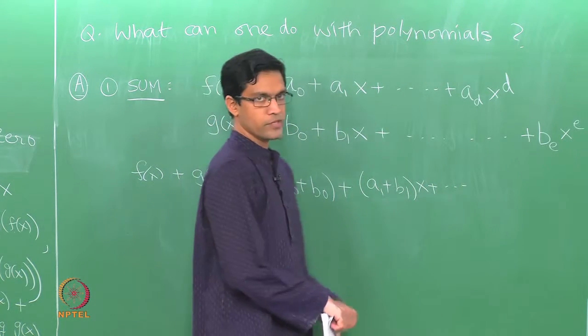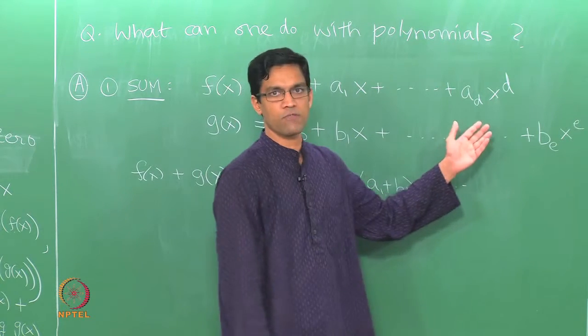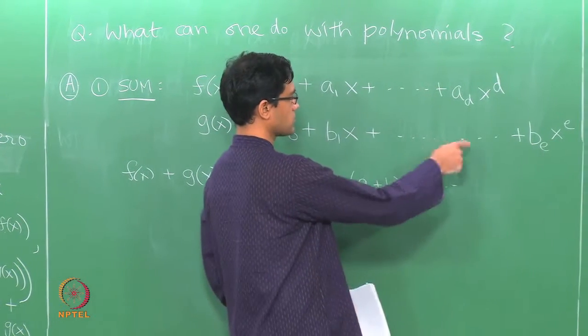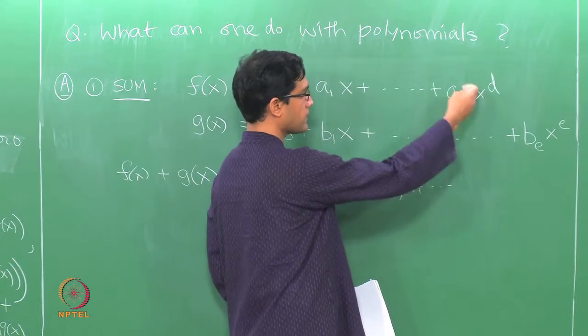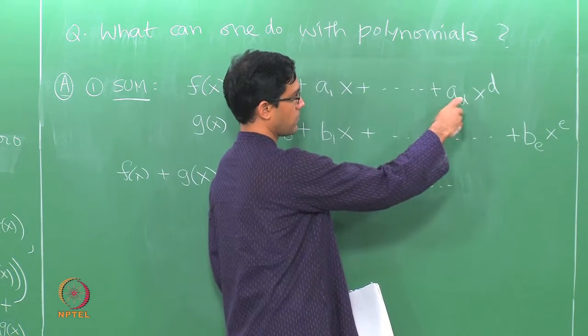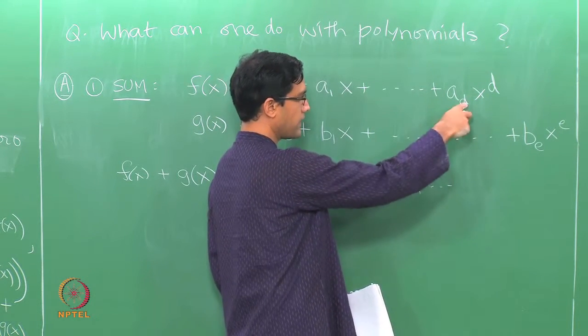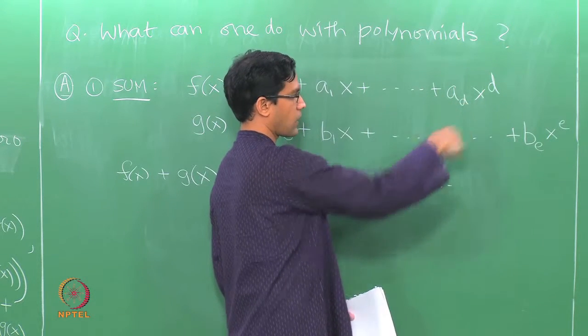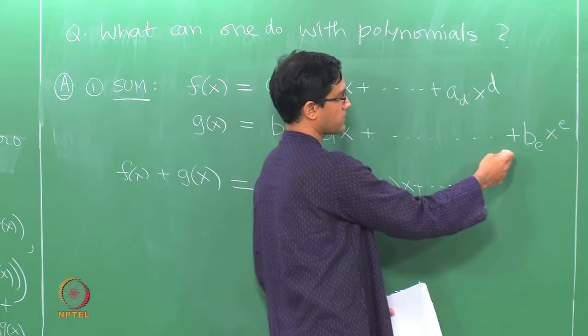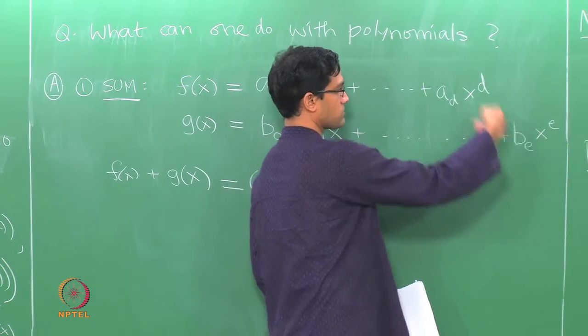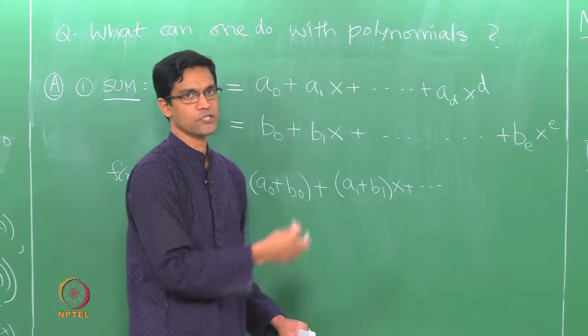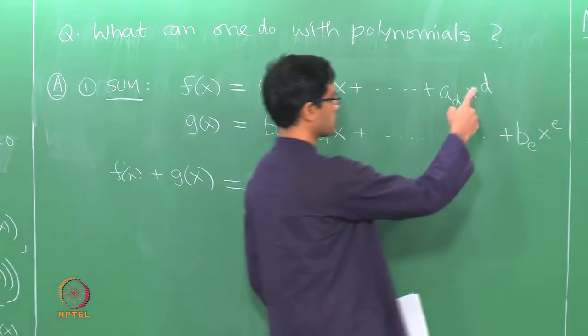And observe that while doing this you might at some point run out of powers of x, because if the second polynomial has higher degree than the first, adding them until degree d you will of course be able to collect coefficients. Beyond that it will happen that g has more terms than f, in which case you just treat the coefficients of those things as 0.